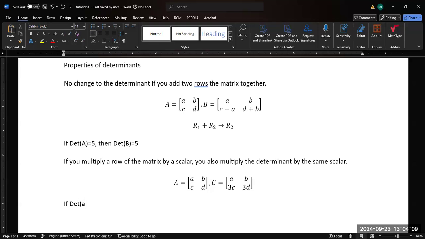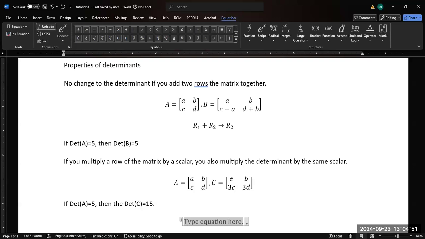If the determinant of A is equal to 5, then the determinant of C is equal to 3 times 5, which is 15. So by multiplying a row of the matrix by a scalar, I have altered the determinant by that same scalar. Consequently, if I multiply the entire matrix by the scalar, then I have to account for that scaling factor on every row of the matrix. We're going to see that later in some examples.